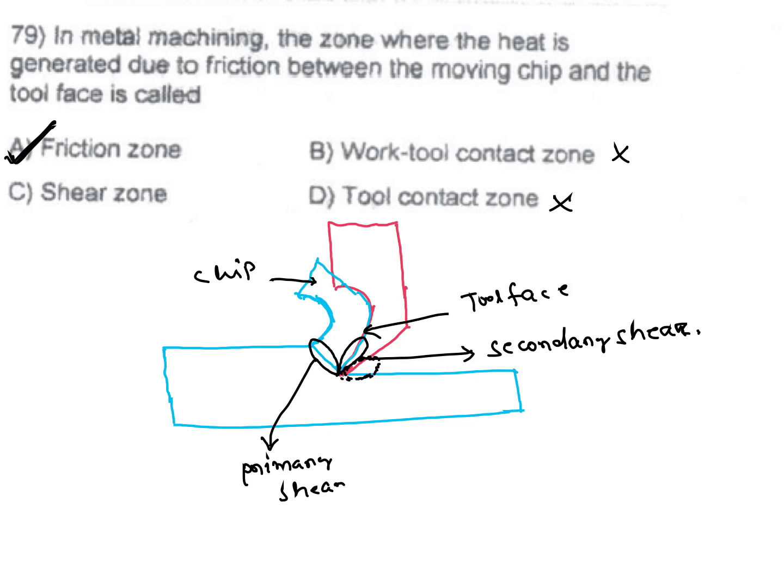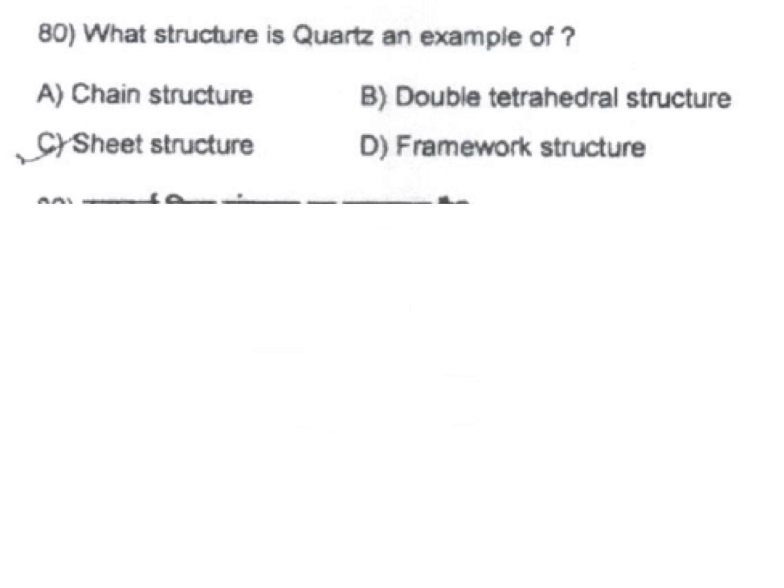What is the structure of quartz? The crystalline structure of quartz is hexagonal. C is chain structure, not possible.